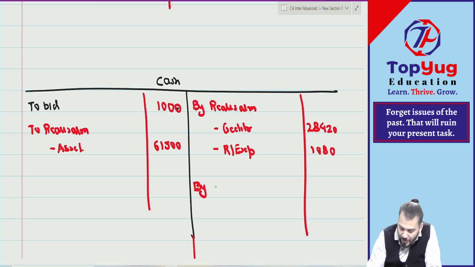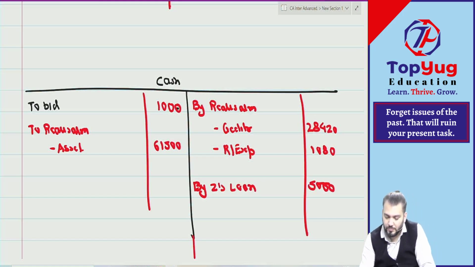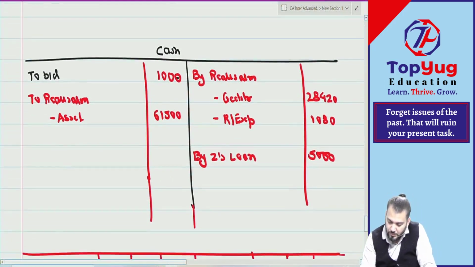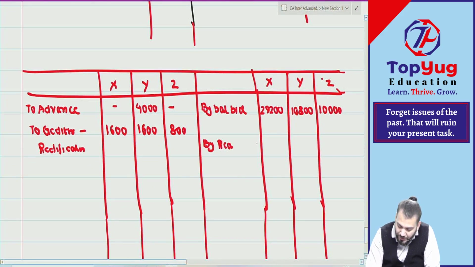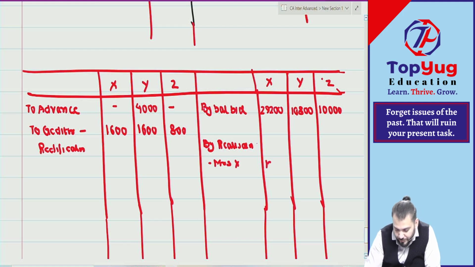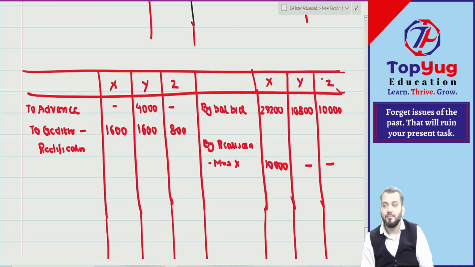And by loan, how much? 5,000. Then there is one liability taken by realization, Mrs. X's loan, how much? 10,000. Done. All second effects given.